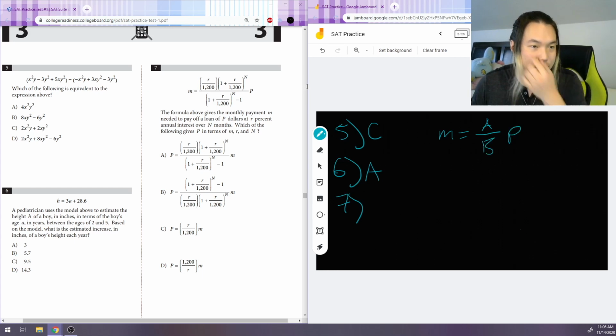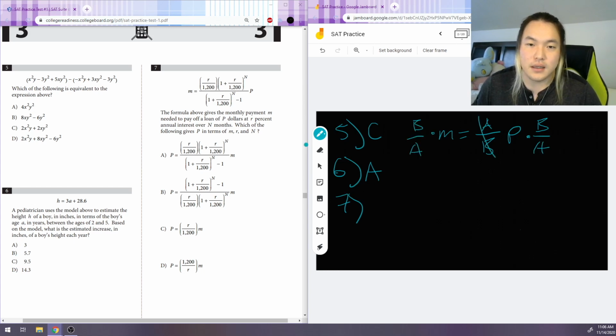Instead of these parentheses and R's and N's, I've just called the top A and I've called the bottom B. So hopefully you know how to solve for this one. This one you would multiply by the reciprocal on both sides. So A divided by B times B divided by A cancels out. That just leaves us with P equals B over A times M.